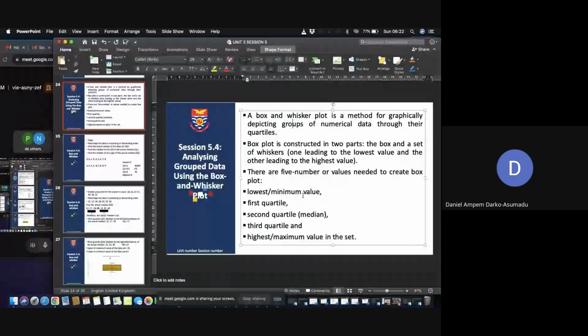We need the lowest value of the data set, the first quartile, the second quartile, which is the median, the third quartile, and the highest value of the data set.